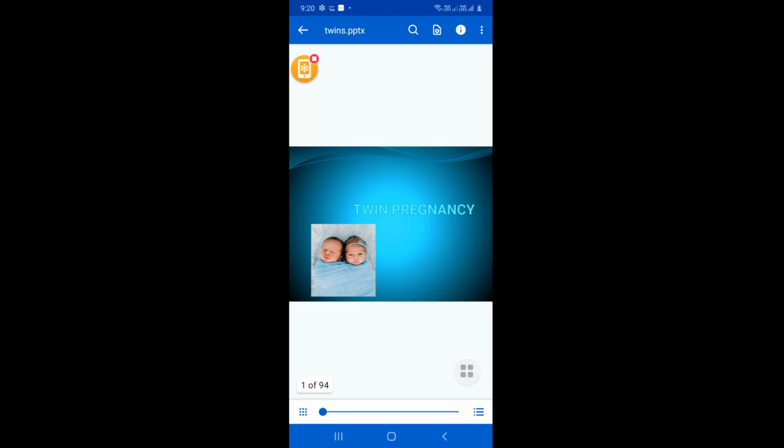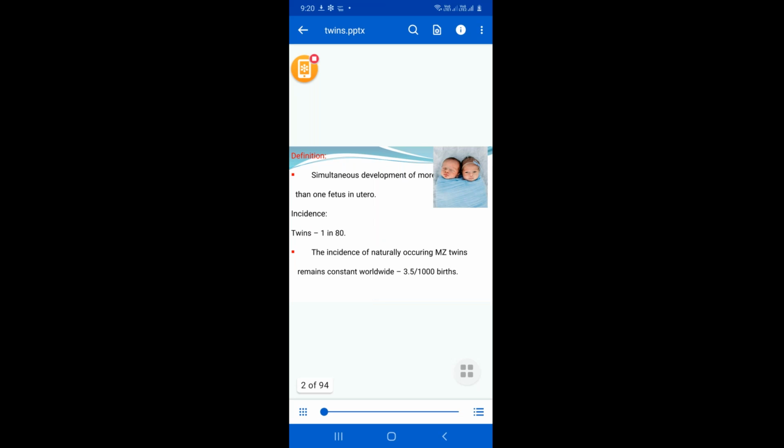Okay. Twin pregnancies. It's also called multiple pregnancy. Coming to the definition, simultaneous development of more than one fetus in utero is called twin pregnancy. The incidence of twins is 1 in 80 pregnancies. The incidence of naturally occurring monozygotic twins remains constant worldwide, that is 3.5 per 1,000 births.